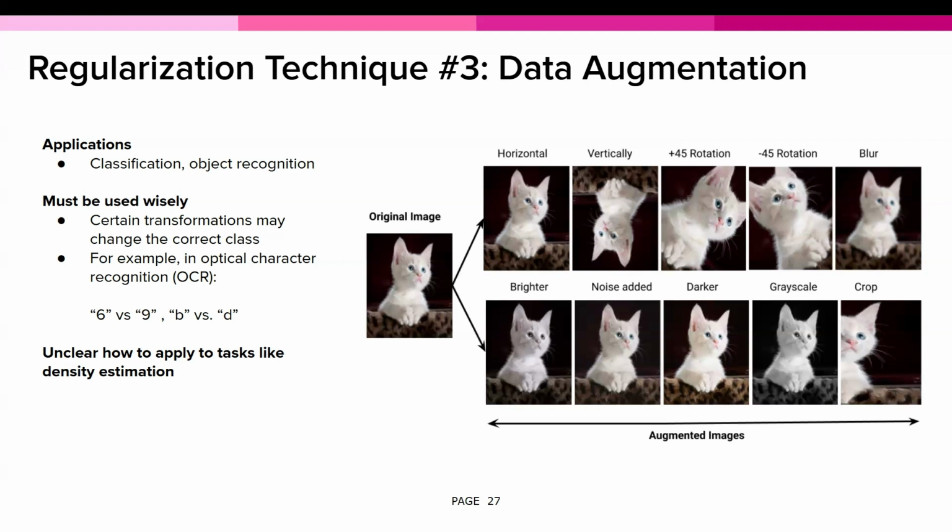Data augmentation enjoys widespread use in image classification tasks, or object recognition tasks. It's a very common technique if that's the task you're working on, because it's clear what types of transformations wouldn't change the correct class.